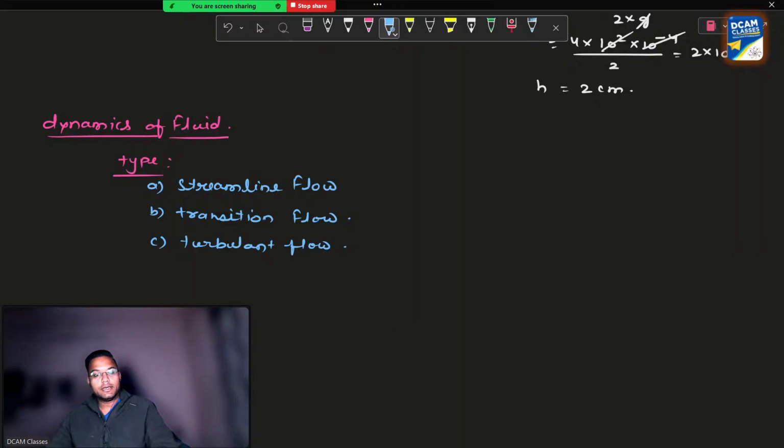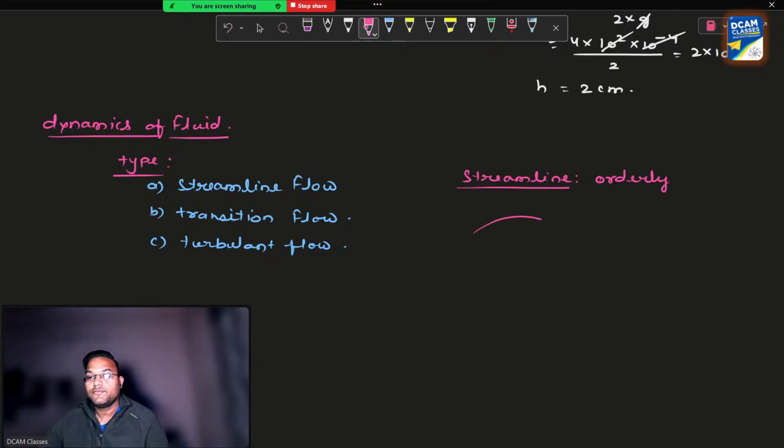What we mean by this, just understand. First, we'll be studying about the streamline motion. What's the difference between these three? Streamline means orderly flow, when the flow is in the form of layers.